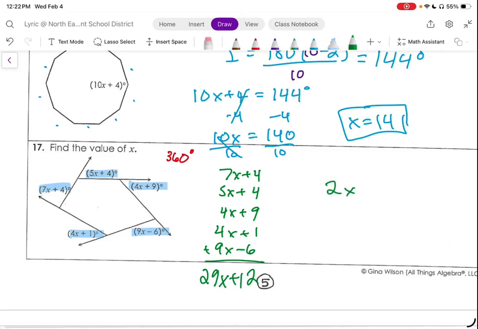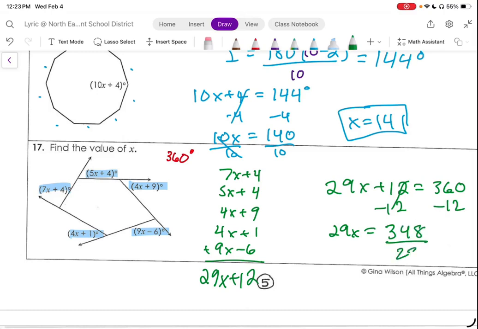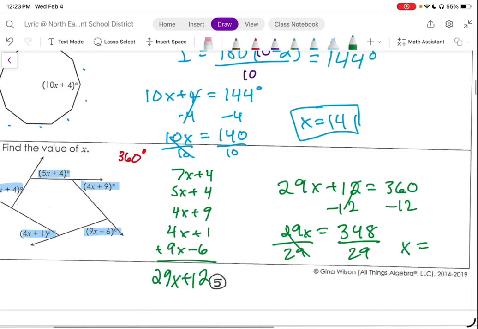Now we can set this equal to 360. All right, and you should get x equals 12.